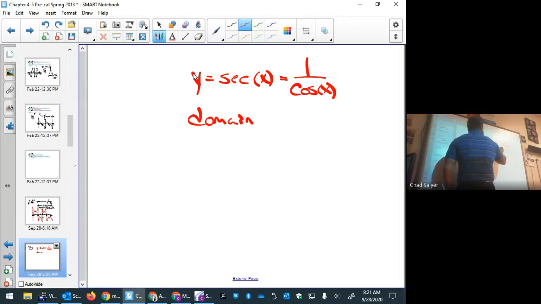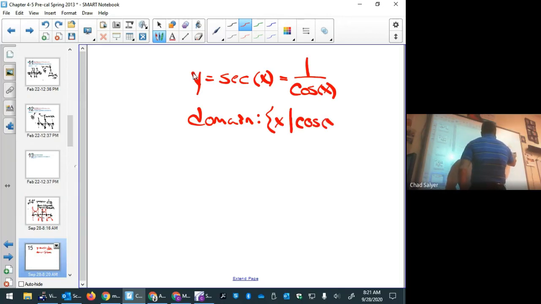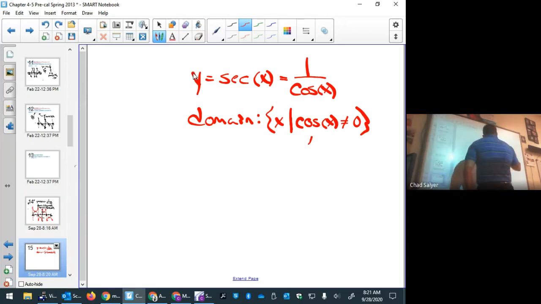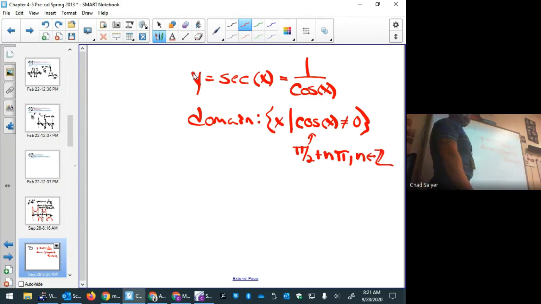So again, the domain is going to be x such that cosine of x is not equal to 0. And on that first one, I went ahead and changed this to pi over 2 plus n pi, where n is an element of the integers. But you guys kind of looked at me weird when I did that, so I think maybe this might make more sense. This means the same thing. These are the zeros of cosine.